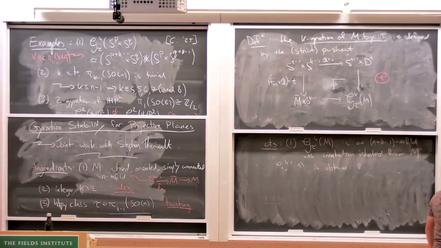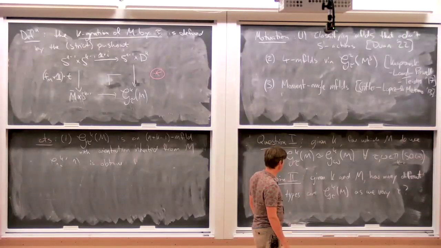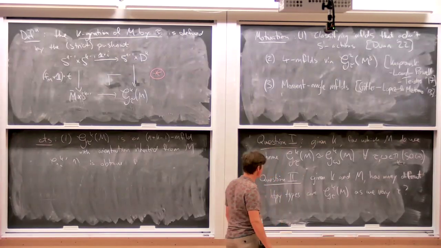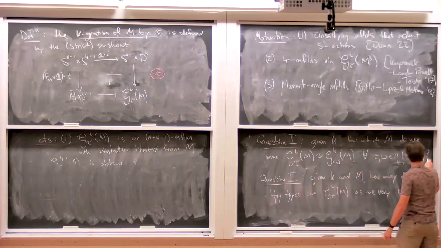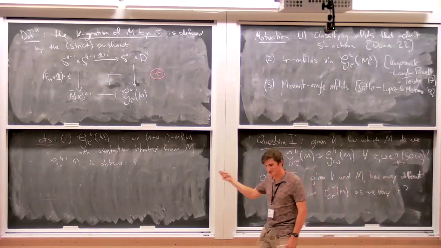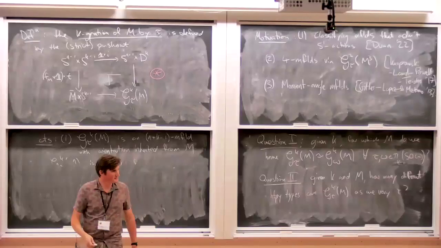If the answer for a given m is yes, no, you're right. It's a poorly stated question, but I think we understand what I mean. Such an m would be gyration stable.